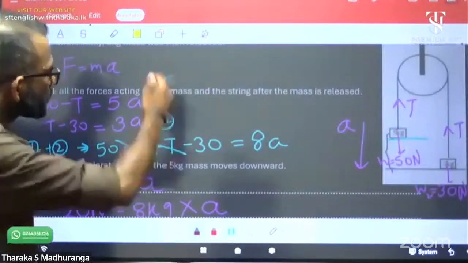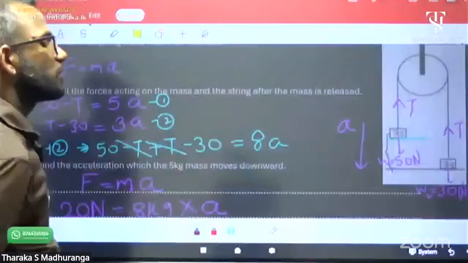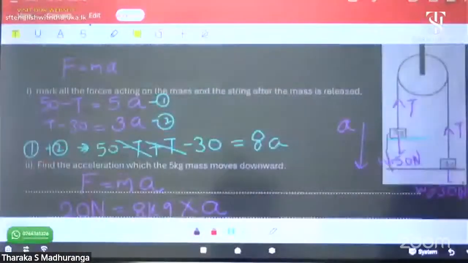If you have any doubt, please note down this method as well. Both are correct.